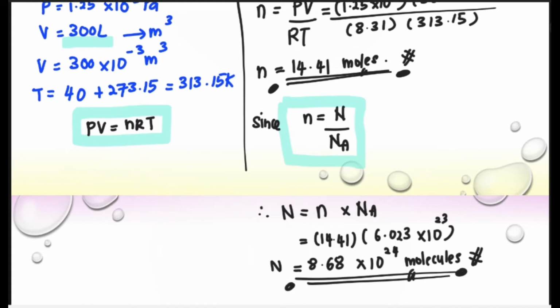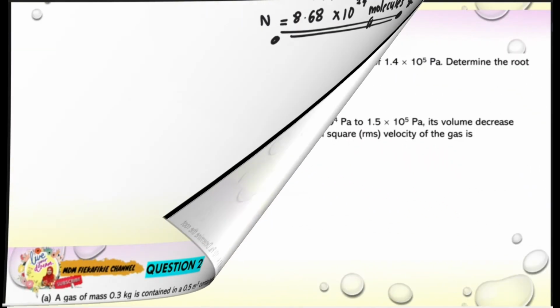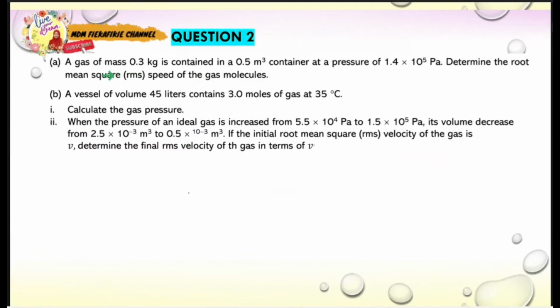Okay, let's proceed to the second question. Alright, question number 2. Let's read the question first. A gas of mass 0.3 kg is contained in a 0.5 meter cube container and the pressure is given. Determine the root mean square speed, VRMS, of the gas molecules.